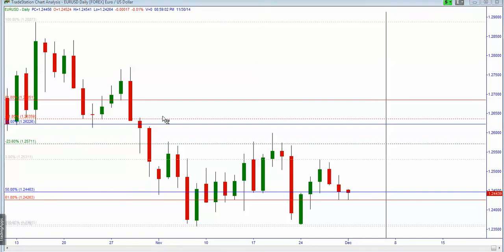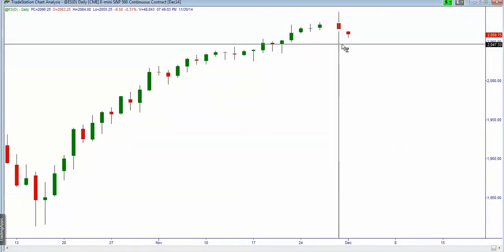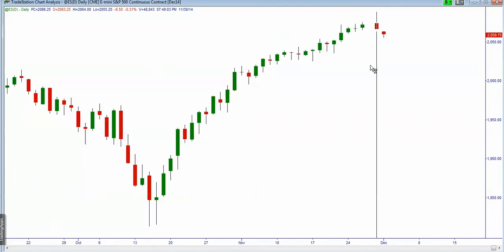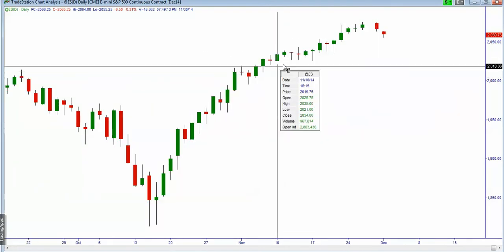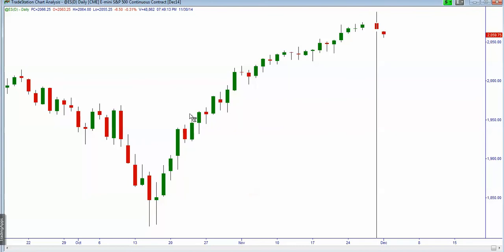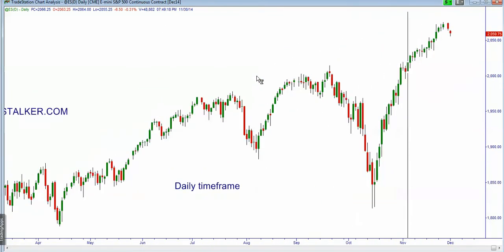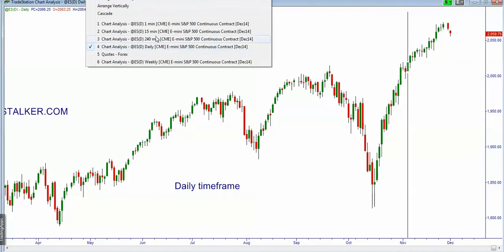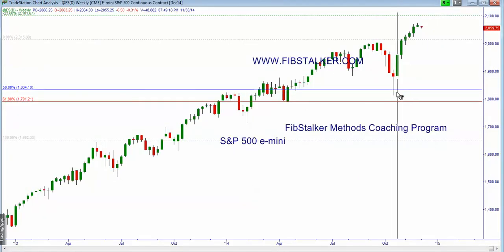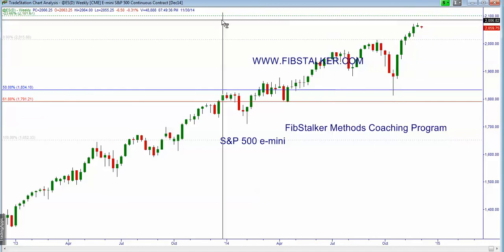Moving to the SP 500, I'm going to review this market in detail. This market is moving in extension higher here on the daily and on the 4-hour time frame, and I will remind you that this market is at a very long-term support here, 1832, and we were able to identify this price 2-3 weeks in advance.